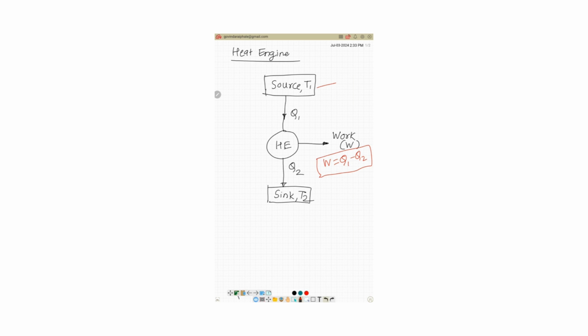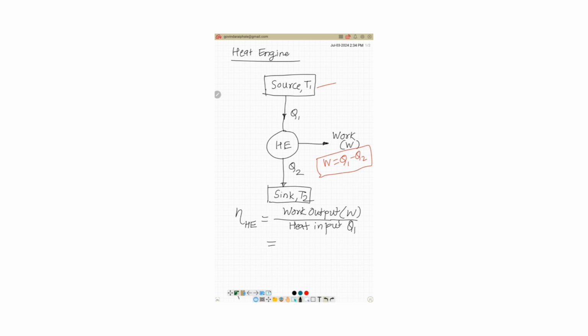As we discussed, this is a work producing device, so we are going to check its performance with the help of the efficiency of the heat engine, which is nothing but the work output of the engine, W, divided by the heat input Q1.